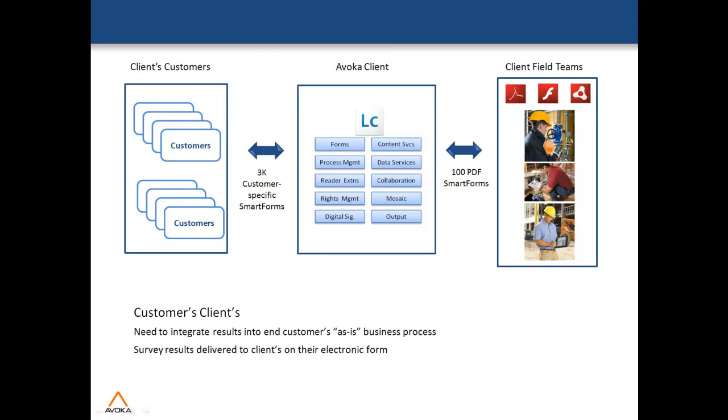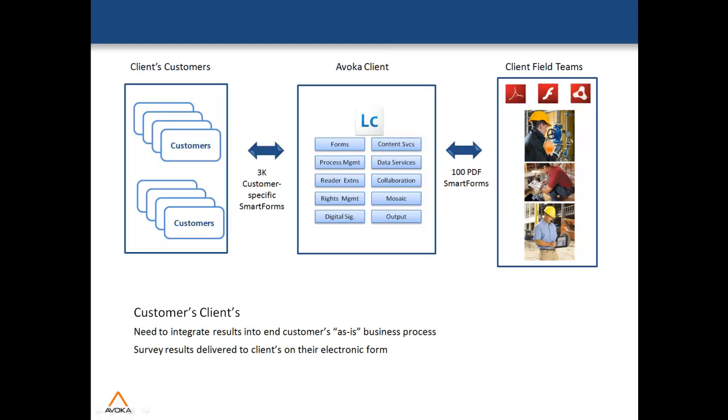Now, creating 100 PDF smart forms is a task in and of itself, but what makes this customer really interesting is the fact that the way they decided to deliver that field survey information to their clients was to integrate it directly into the customer's as-is business process. And the mechanism for doing that was to convert those 100 PDF smart forms, or whatever subset of those smart forms they used for a specific customer, into customer-specific derivative smart forms.